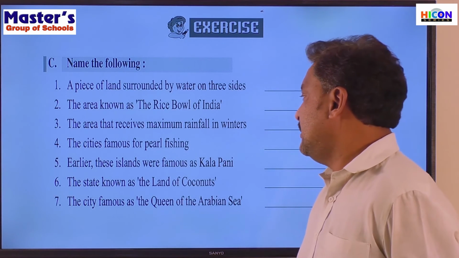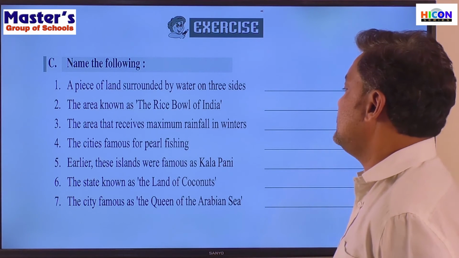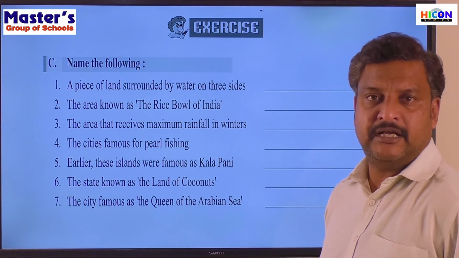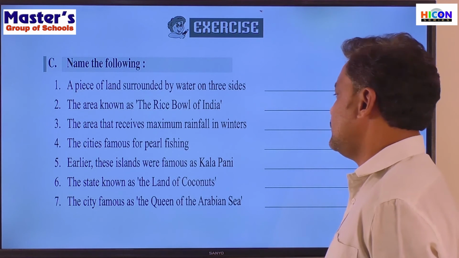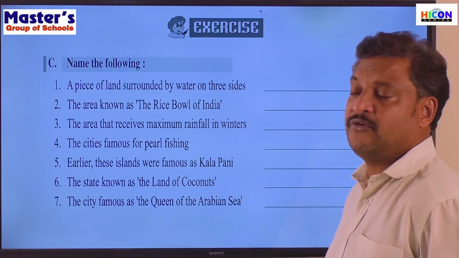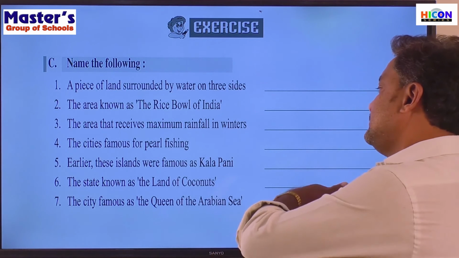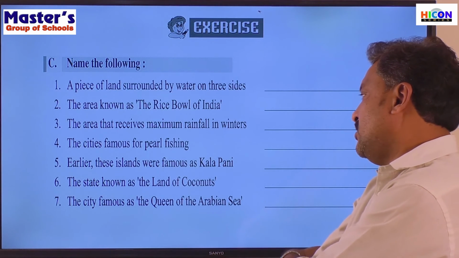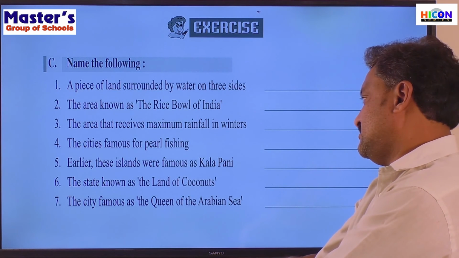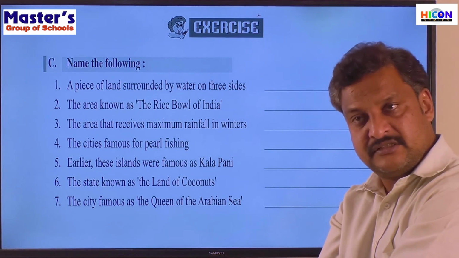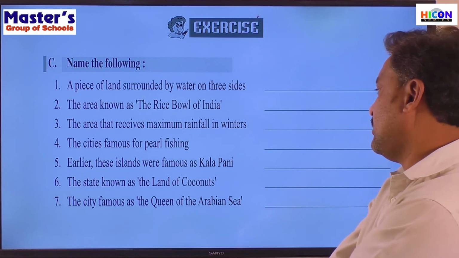Then earlier these islands were famous as Kalapani, the Andaman and Nicobar Islands. That was used by the British for imprisonment. The state known as the land of coconuts. Which state is known as the land of coconuts? Kerala is known as the land of coconuts.